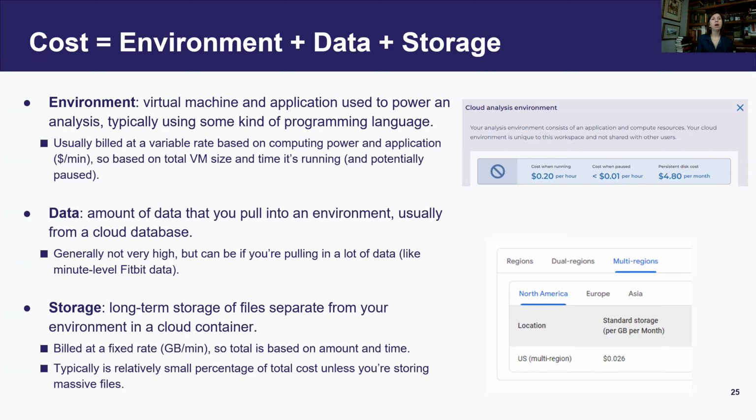One thing to keep in mind is that we like to say cost is equal to your environment spend, the size of your data, and the amount of files you're storing. So an environment is a virtual machine within the cloud that you can use to power your analysis, through a programming language. An environment is used to start up and power your Jupyter Notebook, RStudio, or SAS application.